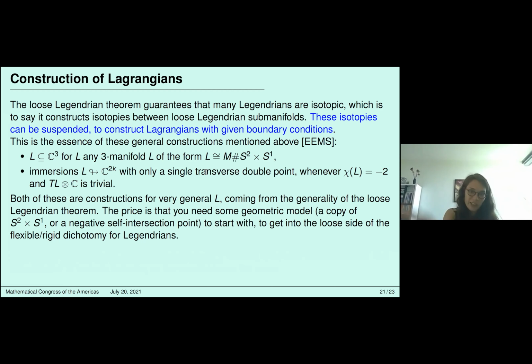You can take it to be S2 cross S1. In fact, you can take it to be S2 cross Sn minus 1 in general dimensions. A negative self-intersection point also works. Figuring out what geometries work and how they work is an interesting question, but you need somewhere to start from.